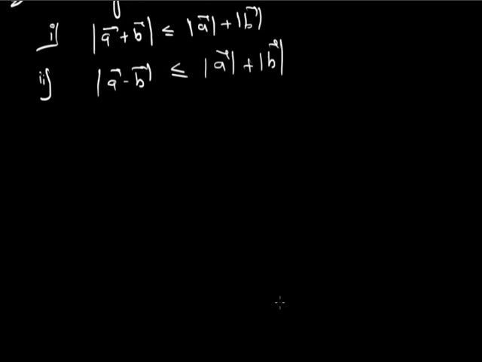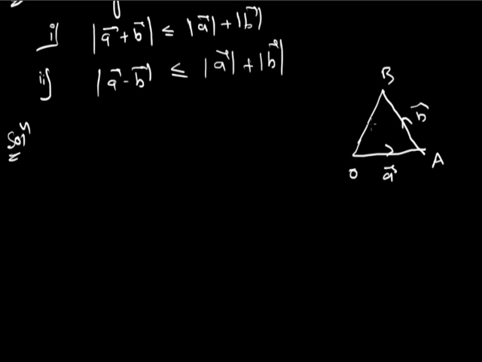Now the solution: draw a triangle OAB. Now it's a vector, b vector. So the OB vector is the resultant vector, a vector plus b vector. Now in a triangle we know that the sum of two sides is always greater than the third side.